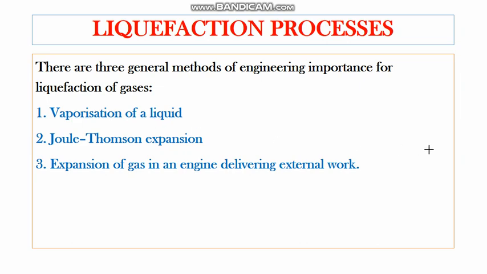Vaporization of liquid is where you have a mixture of liquids. The liquid with the lowest boiling point will reject heat to the liquid with the next boiling point. For example, one has a boiling point of 50 degrees Celsius, another 60, and another 70.